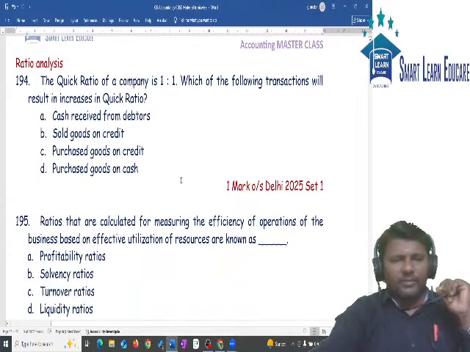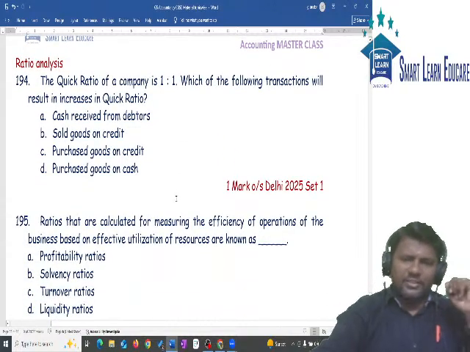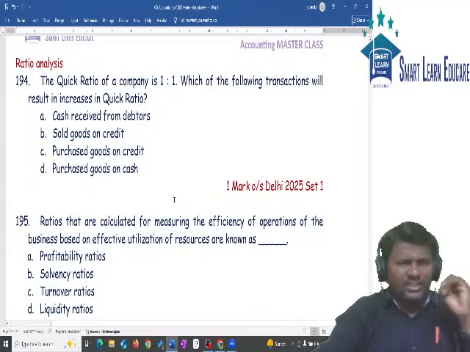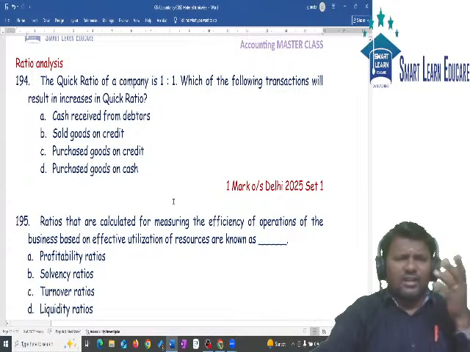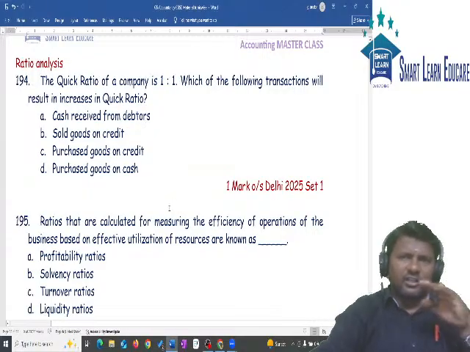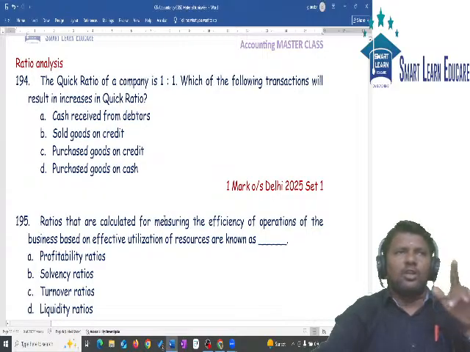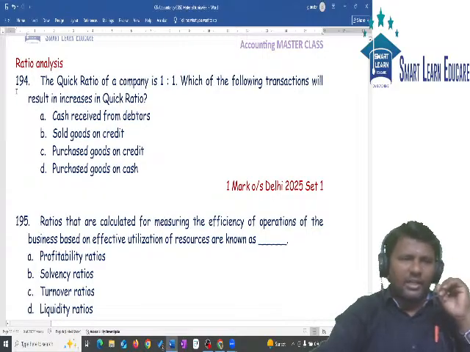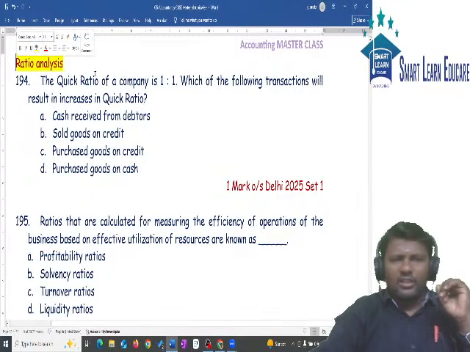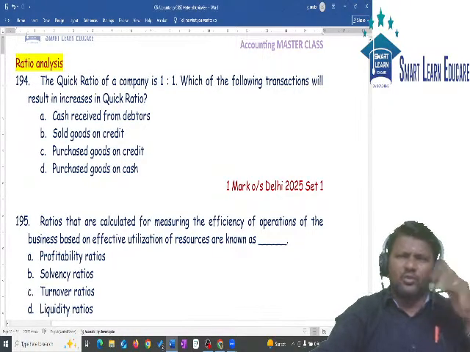Next segment is ratio. Only two segments are pending. One is ratio analysis, another one is the financial statement, the Schedule 3 format. In your entire syllabus, one topic where you cannot make any prediction is ratio analysis, because here we have many ratios, many formulas.